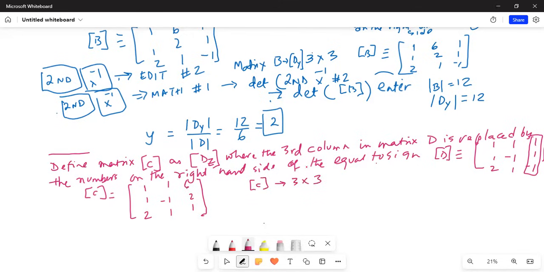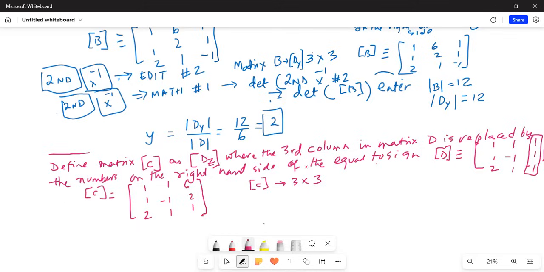And then it is 1, then 6, then 1, enter, minus 1, then 2. We are entering by row. And then 2, enter 1, and enter 1. So that's matrix C.